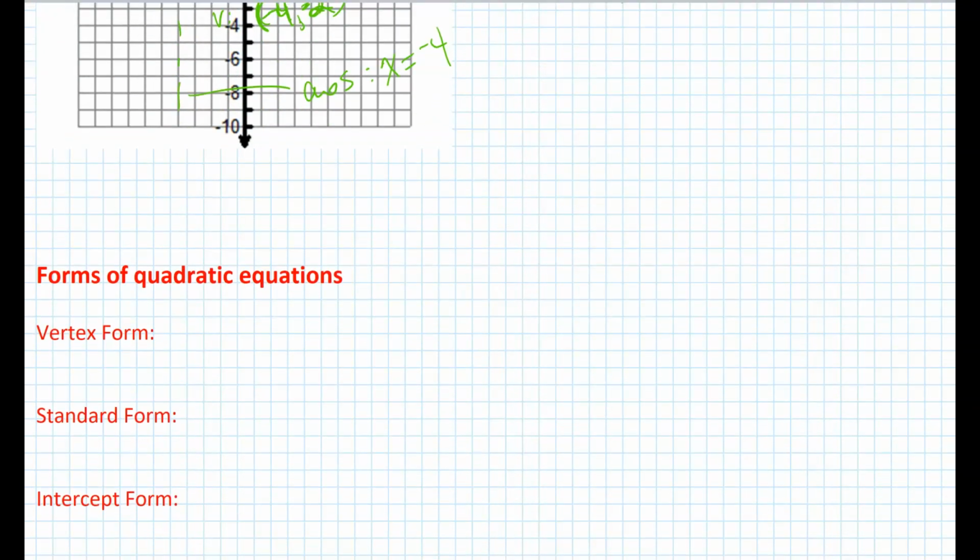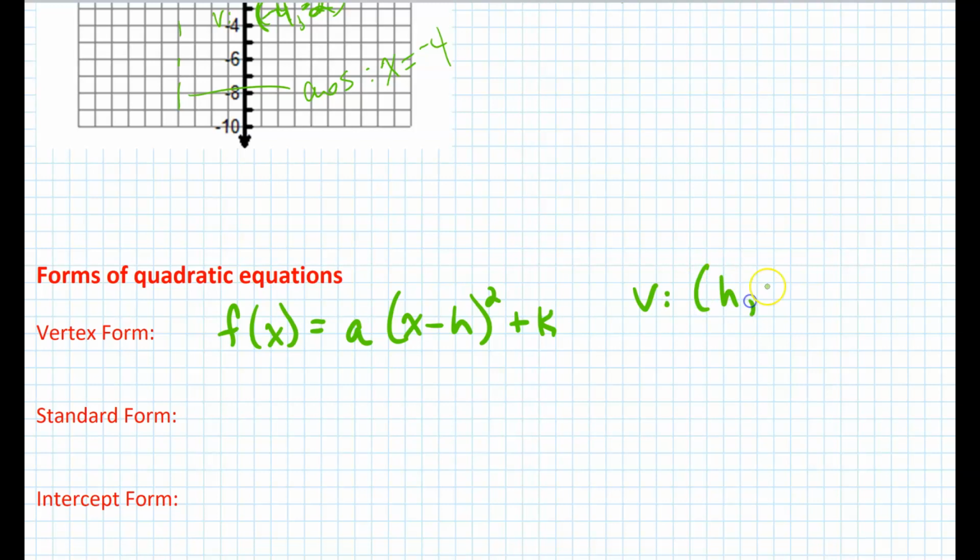So the general equation of it, we would have f of x is equal to a times x minus h squared plus k. And when we have the vertex form, we know that the vertex is located at the point h, k.